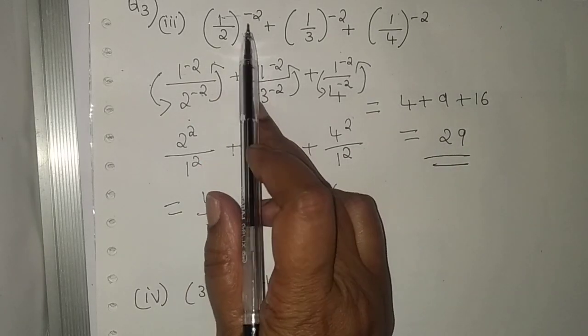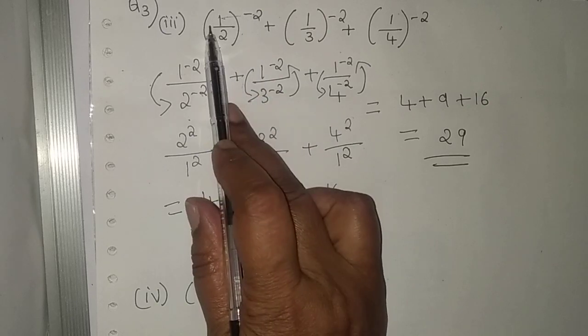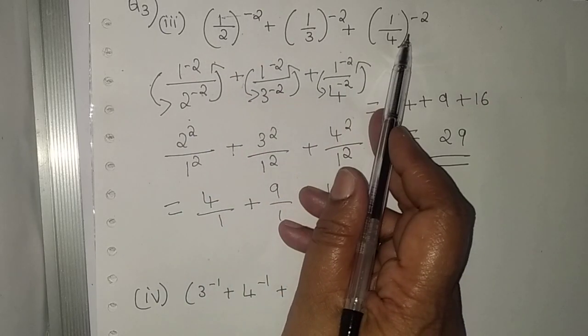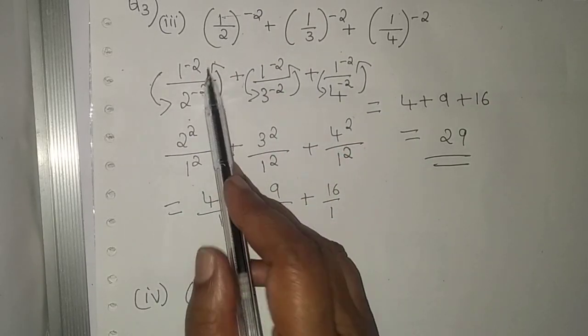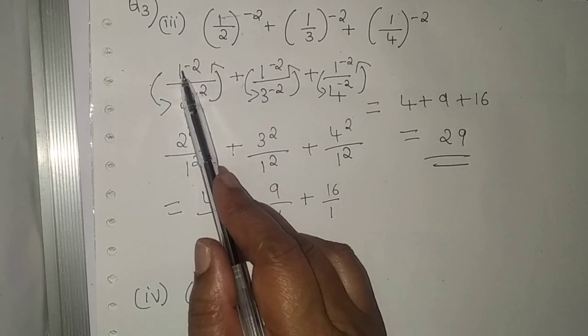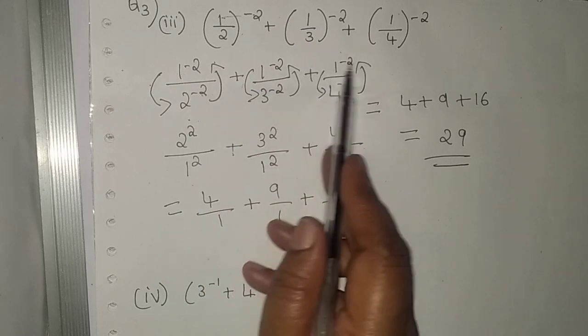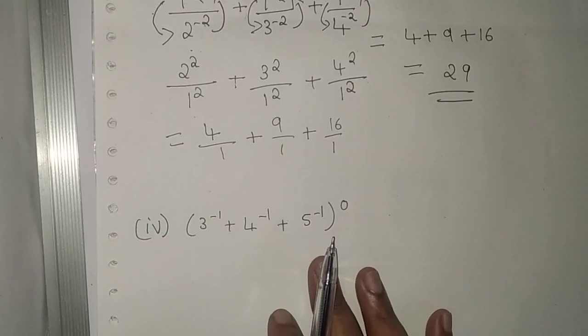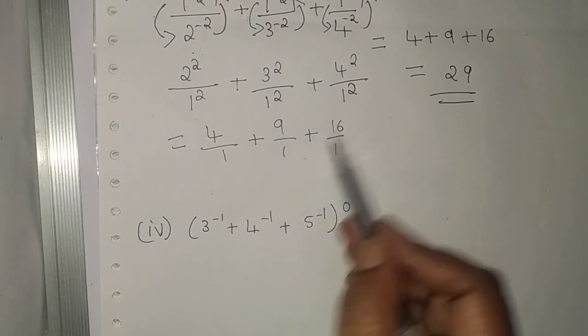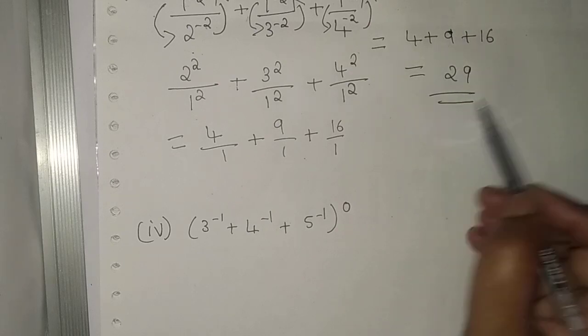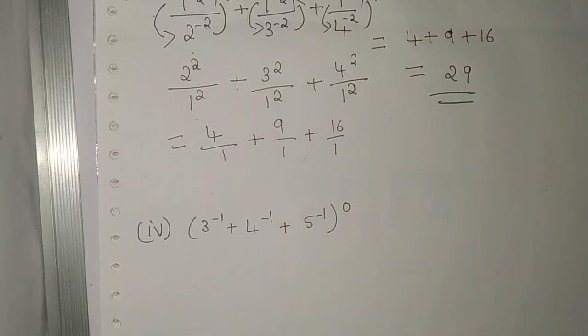The only simple thing is to first bring minus 2 inside the bracket and write it for all. Next, bring the numerator to the denominator and the denominator to the numerator, then all the minus becomes plus. Now we add these, and finally we get 29.